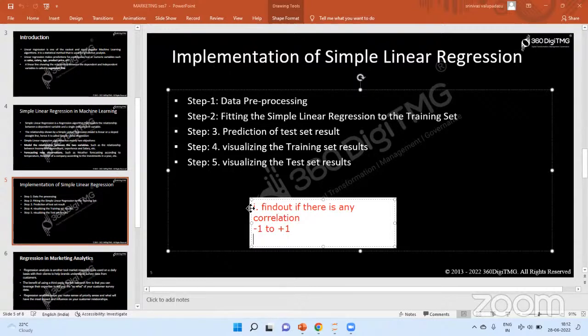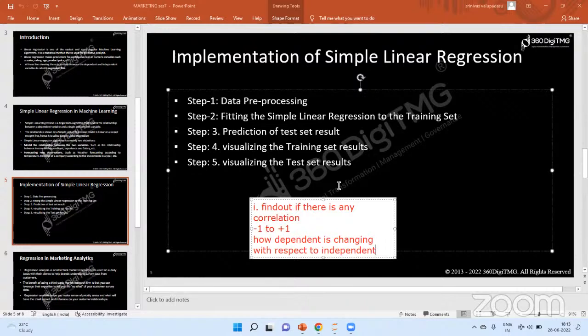Then we need to find out how the dependent variable is changing with respect to the independent variable. So these concepts we need to consider, and for implementing linear regression on our data set, these are the steps we will follow.